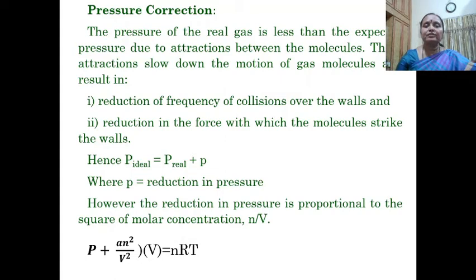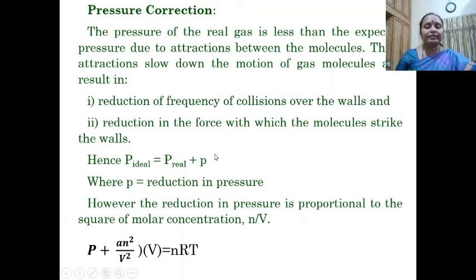These attractions slow down the motion of gas molecules and result in a reduction in the frequency of collisions over the walls and a reduction in the force with which the molecules strike the walls. So as we expect a lower pressure, that has to be added in. The ideal pressure will be the real pressure plus the pressure correction, or the reduction in pressure.